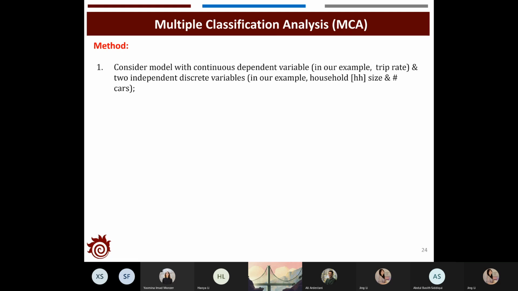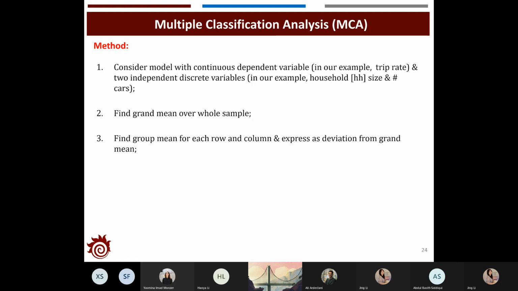So in this model, in the example for the rest of the lecture, we will only consider two variables: the household size and the number of cars. For the implementation of the MCA method, we will first need to find the grand mean over the whole sample, and then find the group mean for each row and each column, which represents the mean for the origin and destination.